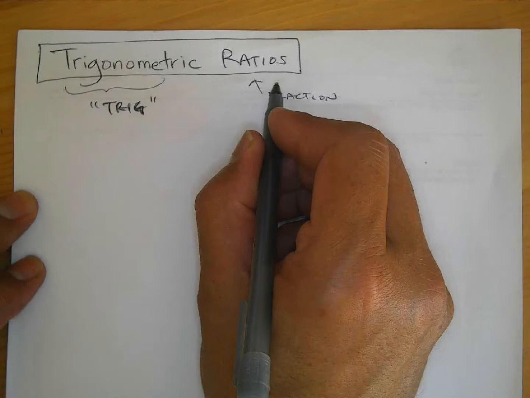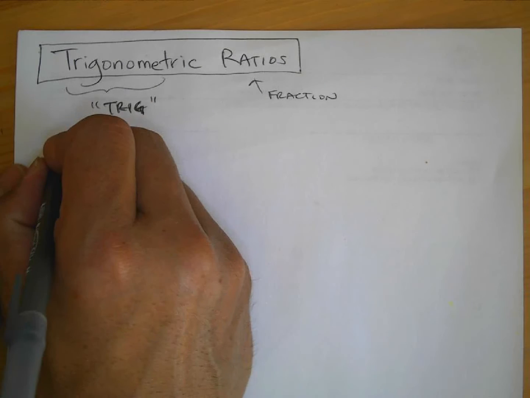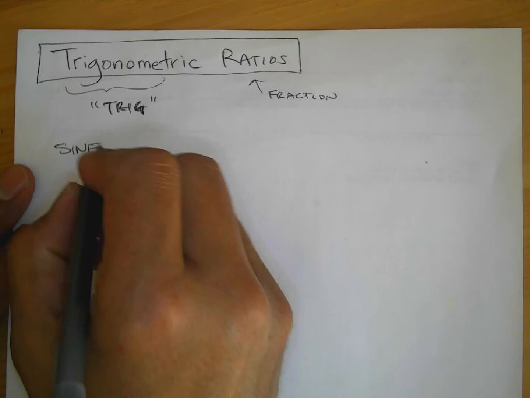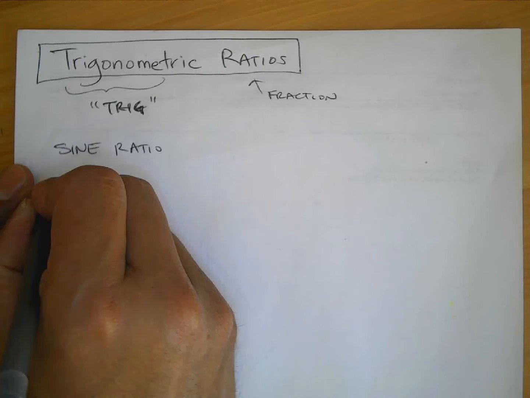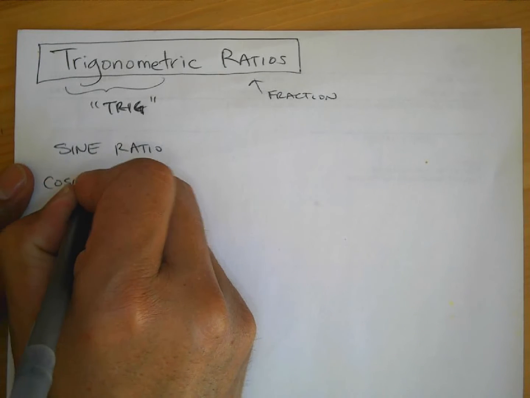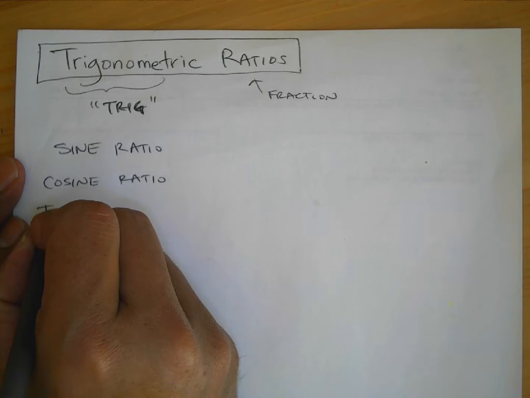Okay, so the first three trig ratios that we're going to look at are the sine ratio, the cosine ratio, and the tangent ratio.